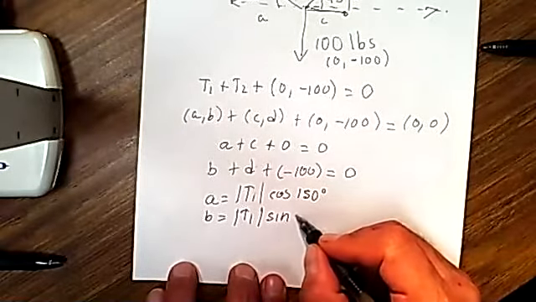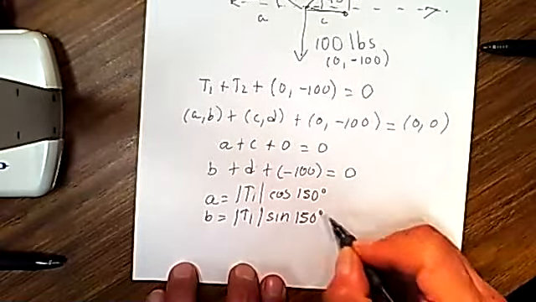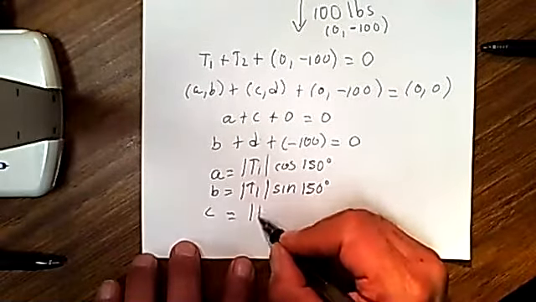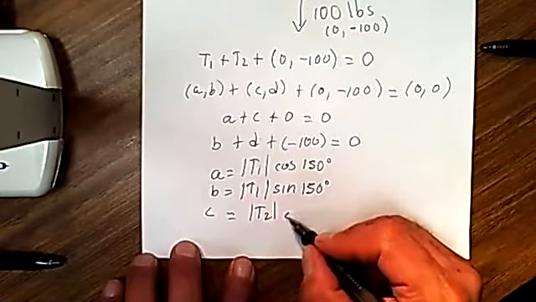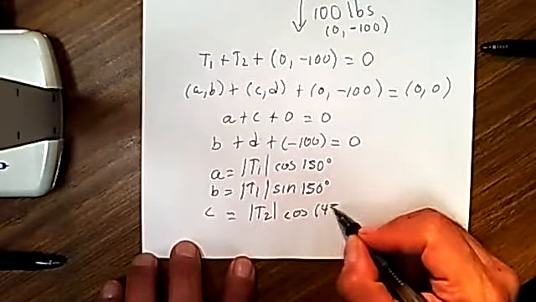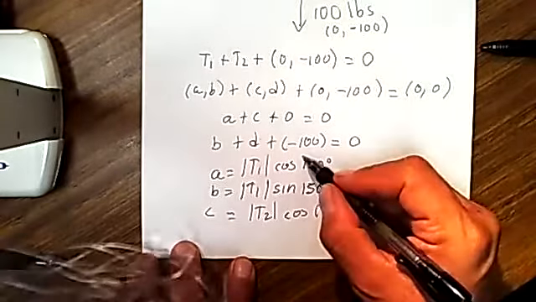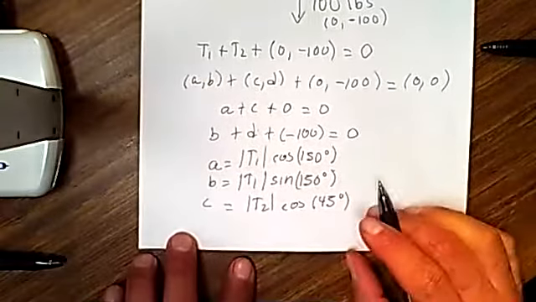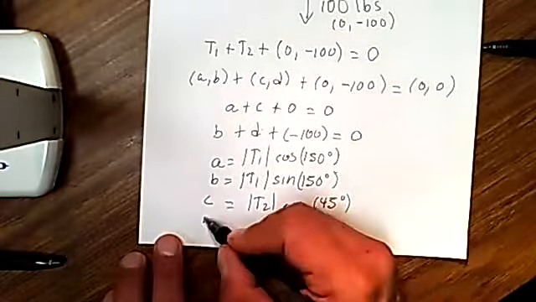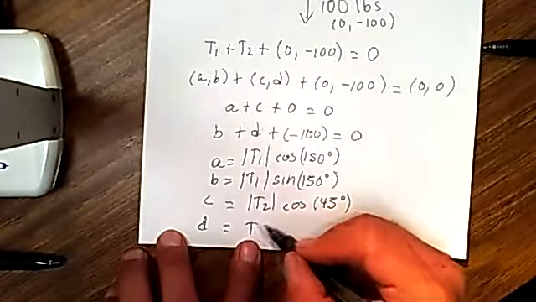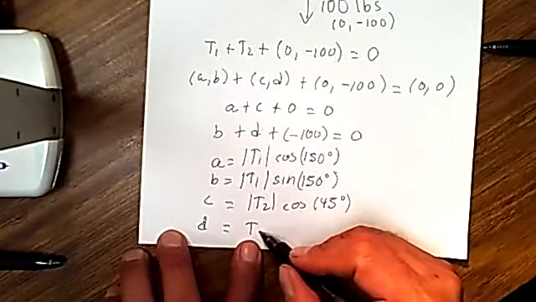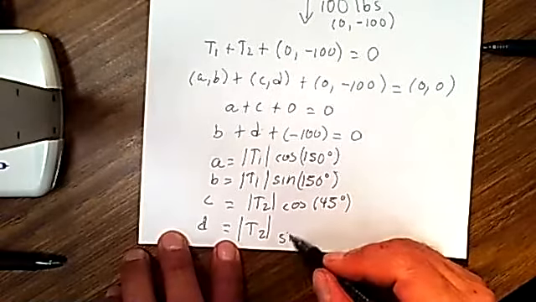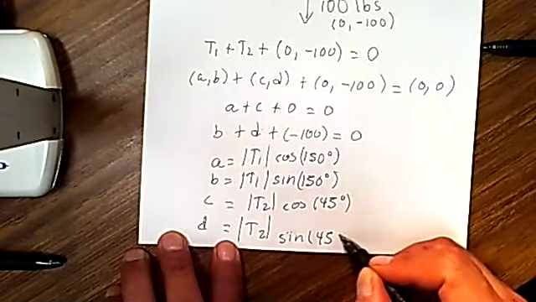C will be the magnitude of T2 times the cosine of 45 degrees. I'm going to put parentheses on the trigonometric functions. And D will be the magnitude of T2 times the sine of 45 degrees.